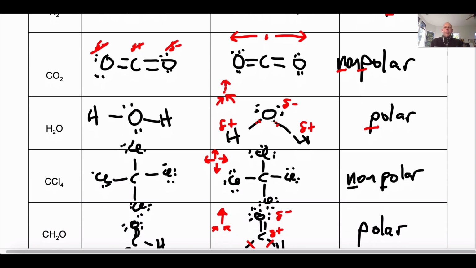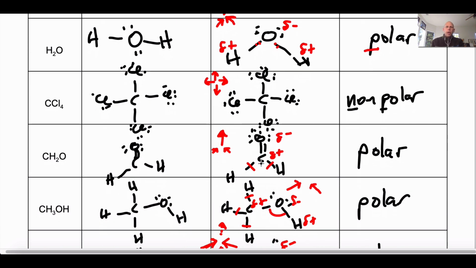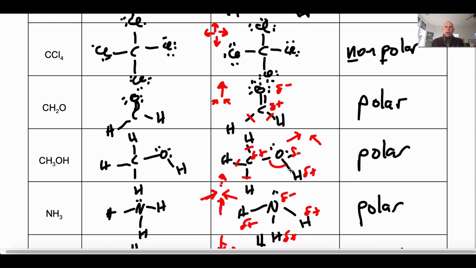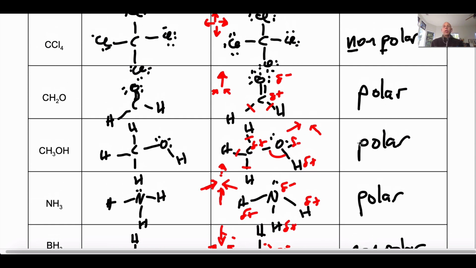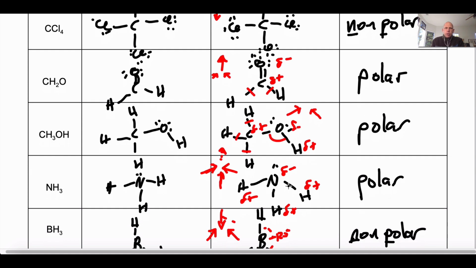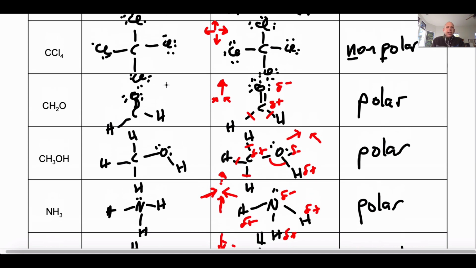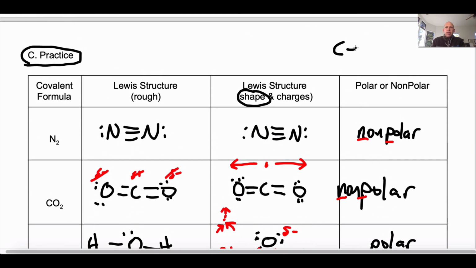If the molecule is asymmetrical, like we saw with H2O, where these dipole arrows don't cancel out and there's an overall molecular dipole, or right here, or right here, the molecule is called polar. It's being pulled in a specific direction wherever those electrons are being gathered, and we show the partial charges. And then finally, if you have a CH bond anywhere, just ignore it. Doesn't really matter.